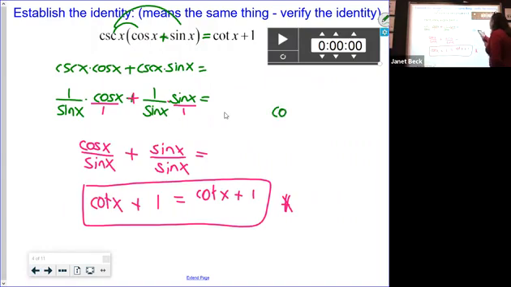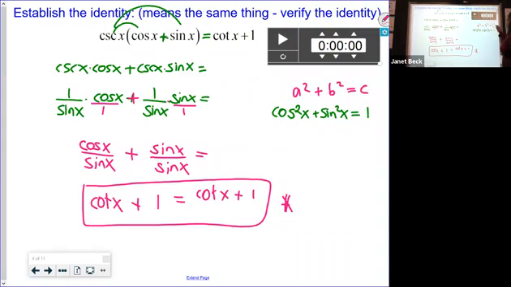There's an identity that says cos squared x plus sin squared x equals 1. I don't know if you remember, but when I taught this, remember the Pythagorean theorem tells you that a squared plus b squared equals c squared. That does not mean that a plus b equals c. This is not true without the squares.